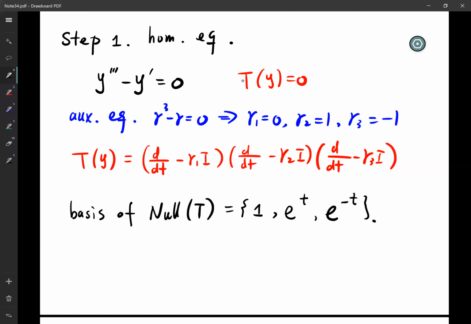When you multiply them together, the leading term is the third order derivative, then a second order derivative, no first order derivative coefficient, then a coefficient of minus 1 and a constant term, which is 0. Did that answer your question?